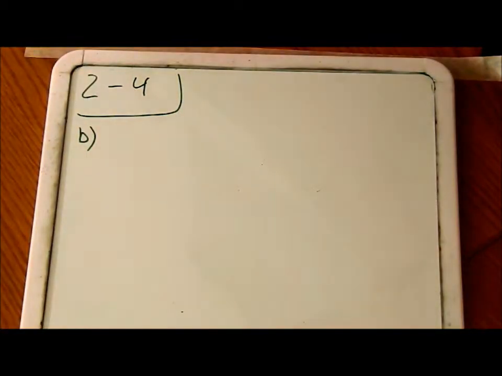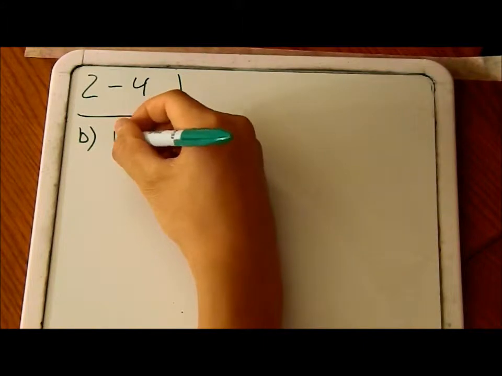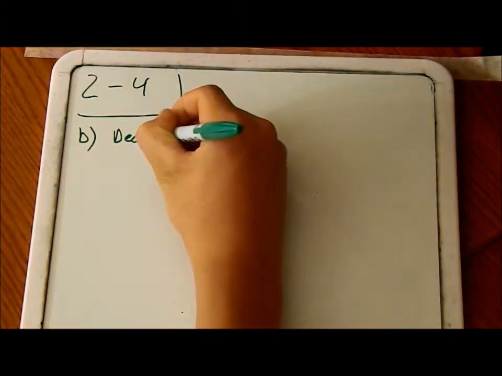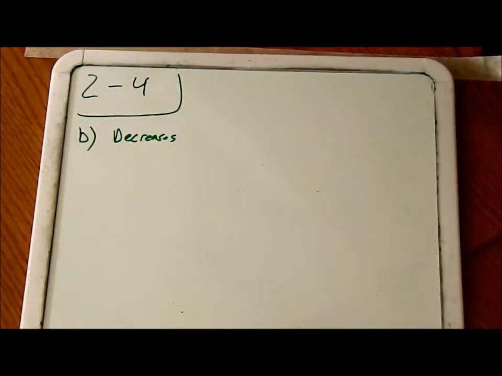Okay, part B of this problem asks whether the acceleration of the ball increases, decreases, or remains the same as it approaches its terminal velocity. The answer is that the acceleration actually decreases because the ball goes faster and faster due to mg.